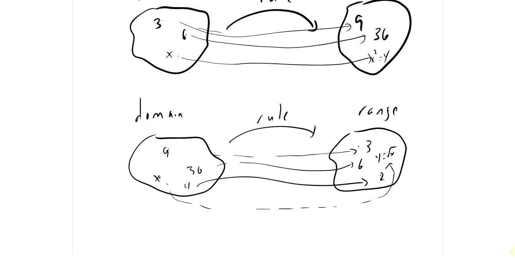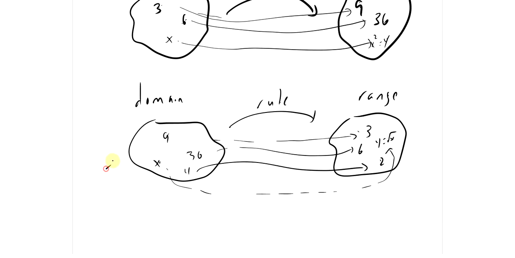Of course, minus 2 is outside of the domain of square root of x, right? If you try to give minus 2 to the rule square root of x, the rule says, nope, not taking that. Minus 2 is not one of the numbers I look at. So it's outside of the domain. It's not part of the domain. Likewise, if you ask the rule, what kind of numbers do you give me? The rule will tell you, well, I only give you positive numbers. You give me a positive number, and I'll give you a positive number back.